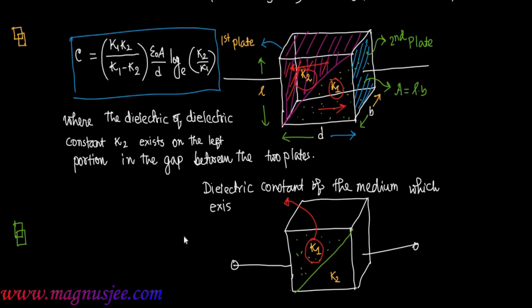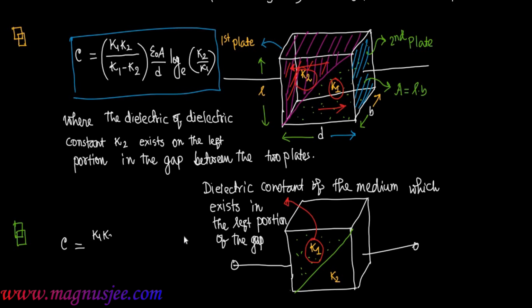K1 is the dielectric constant of the medium which exists in the left portion of the gap. In the last case, K2 was the dielectric constant of the dielectric medium which was placed in the left portion.